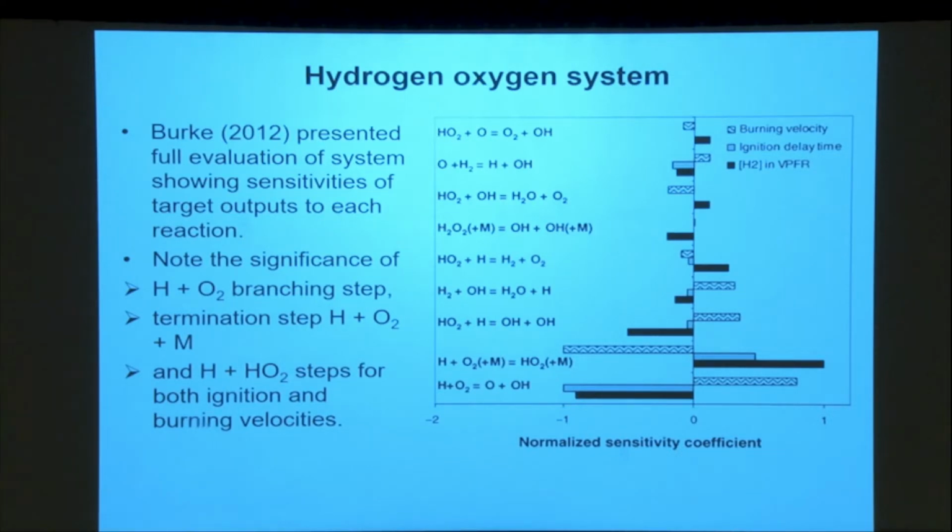That's a radical plus radical reaction, so that one is tricky to measure experimentally. We've got also HO2 plus OH, etc. That gives us an idea of the reactions that we need to know accurately in order to predict key combustion quantities like flame speeds, ignition delay times, and hydrogen concentrations.